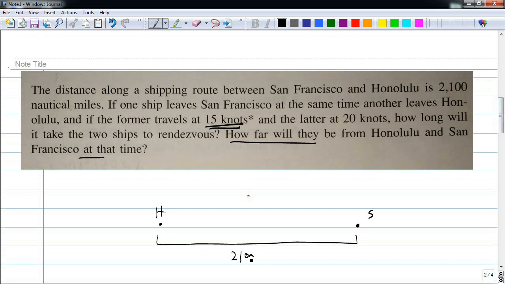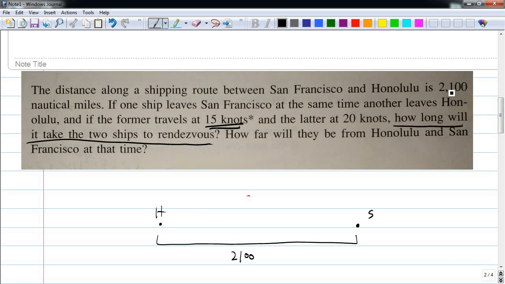The ship leaving Honolulu is traveling at 20 knots. How long will it take the two ships to rendezvous, and how far will they be from Honolulu and San Francisco at that time? This is the question that we really have to answer.